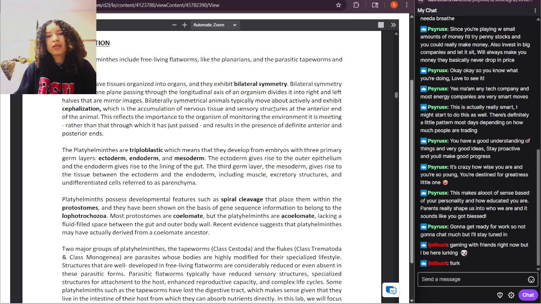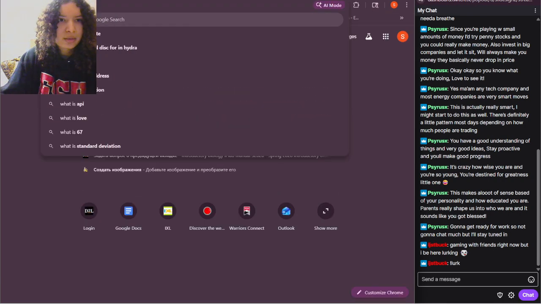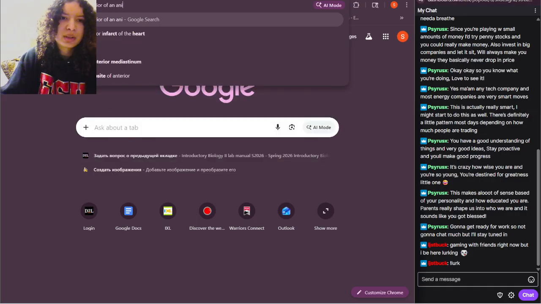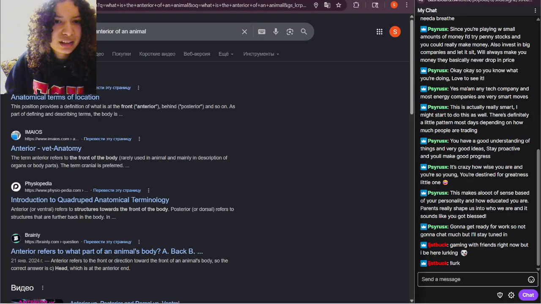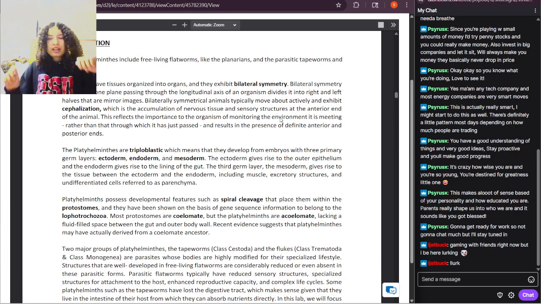They typically move about actively and exhibit cephalization, which is the accumulation of nervous tissue and sensory structures at the anterior of the animal. I believe that's the front, but let's double check. The anterior is the front. Okay. So basically they have the brain on the front.